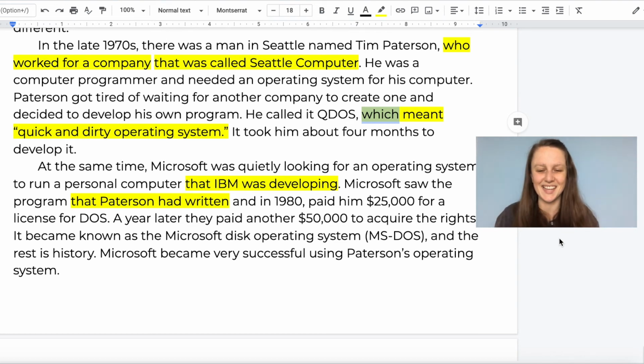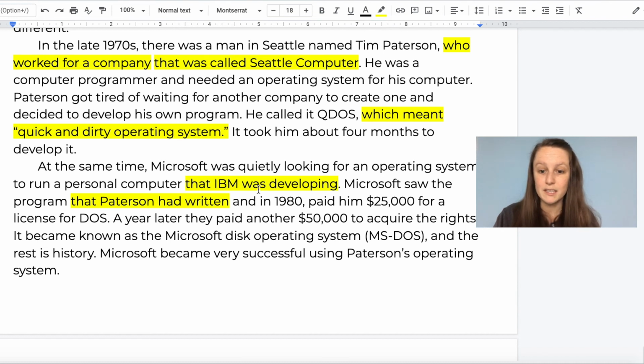So let's look at these last 2 adjective clauses. We have that IBM was developing. This is modifying the noun. Well, let's look. Is it modifying the noun personal computer? They're looking for an operating system to run a personal computer that IBM was developing. So our verb here is was developing. This is a past progressive verb.